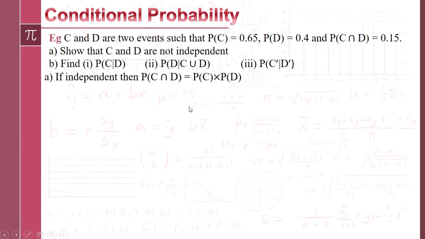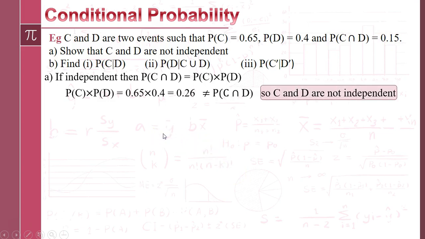If we're going to show that they're independent, we've got to show that the intersection is the probability of C times the probability of D. If we multiply those two together, we get a value of 0.26, but we're told in our question that the intersection value is actually 0.15. So that's not equal to the intersection, and therefore they are not independent.